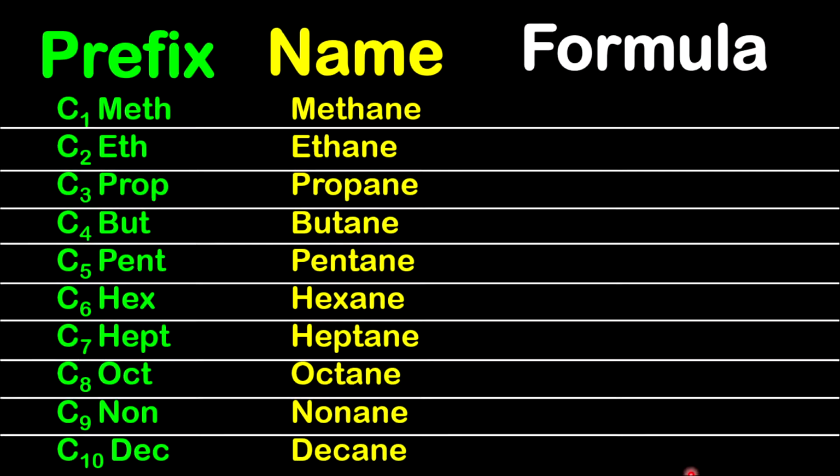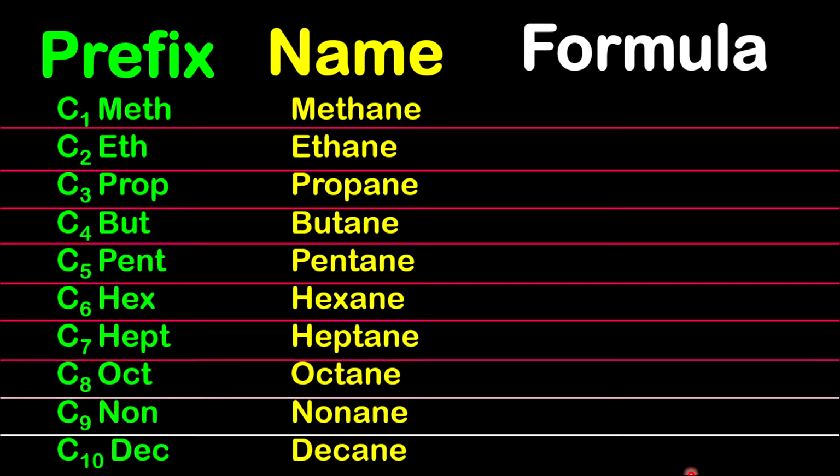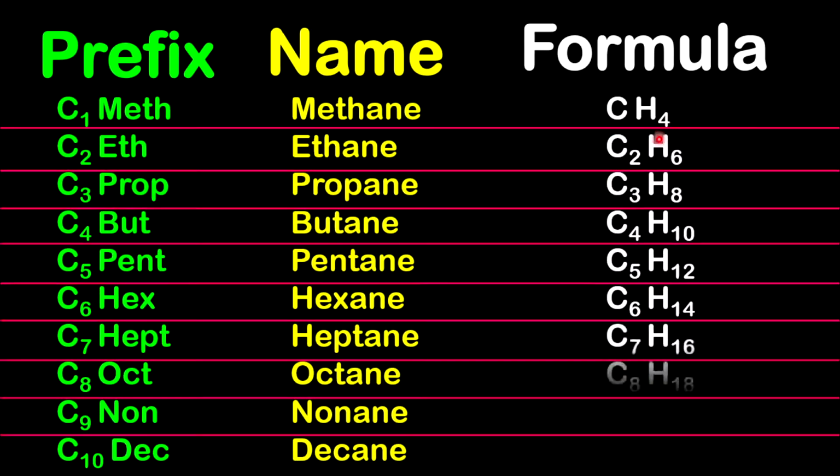Now let's look at the formula for all of these alkanes. You remember, based on the general formula, CnH2n+2. So for example, let's look at methane first. It's going to be CH4. Let's take another example here. Let's jump to hexane. If it is 6 carbons, then 6 times 2 is 12, plus 2 is 14. So that's 14 H's. Let's look at octane, for example.